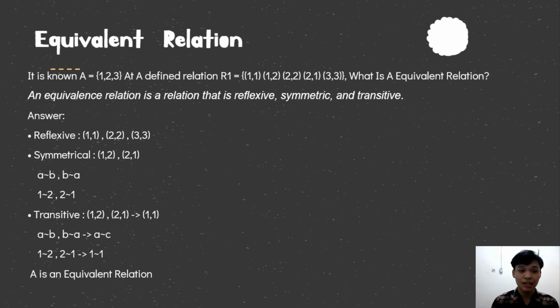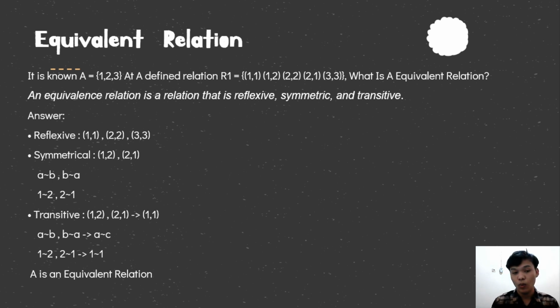It is reflexive because (1,1), (2,2), (3,3). Symmetric: (1,2), (2,1). So A relation B, B relation A; 1 relation 2, and 2 relation 1.